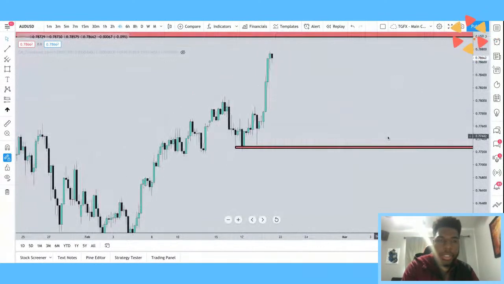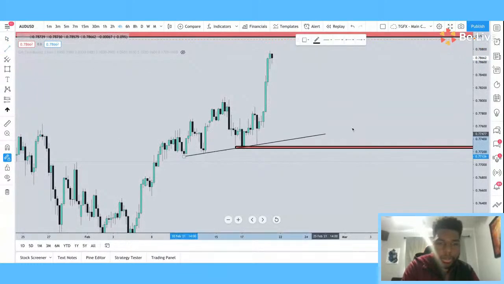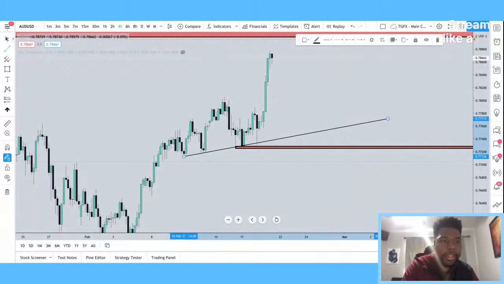So the next thing we want to do is draw any trend lines that we see potentially can be respected. So we know we have this one here. And from where the market is now, I do not see price coming all the way back to retest this last higher low.